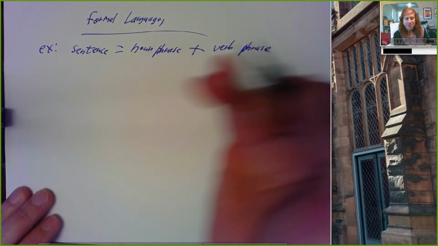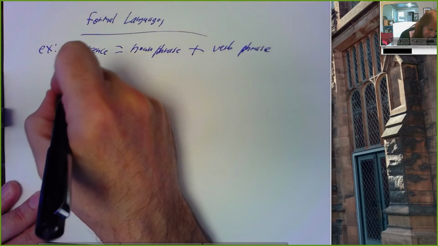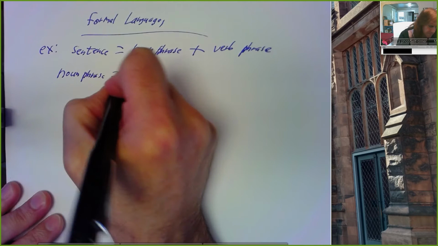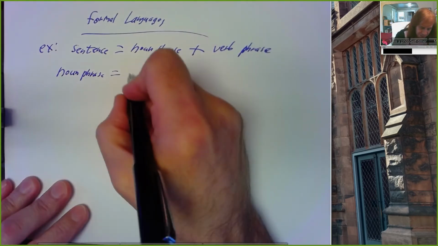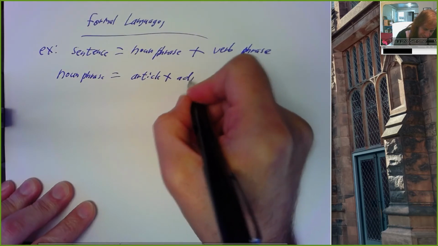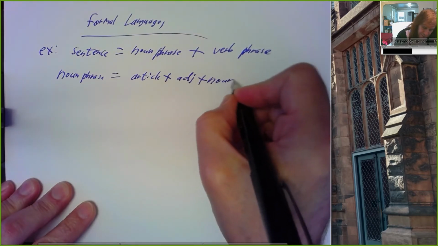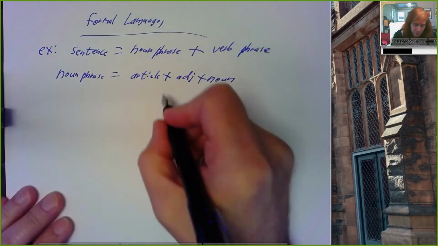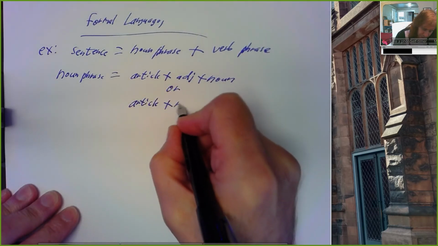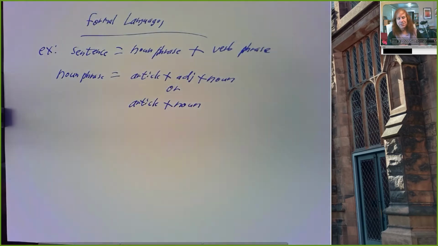Well, I have to tell you what these things mean, so I'll go on further and say a noun phrase is an article plus an adjective plus a noun, or it's an article plus a noun. So we could skip the adjective.